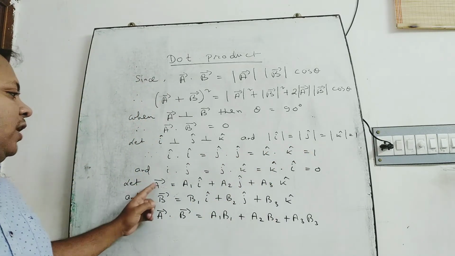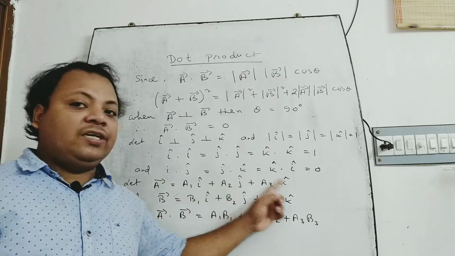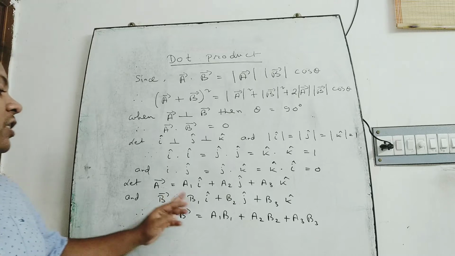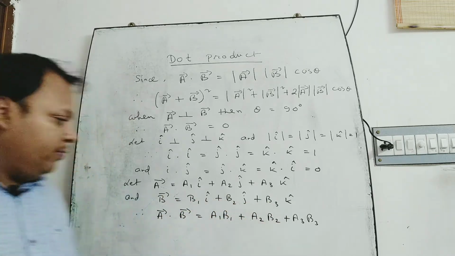Let a vector be equal to a1 i cap plus a2 j cap plus a3 k cap, and b vector be equal to b1 i cap plus b2 j cap plus b3 k cap.